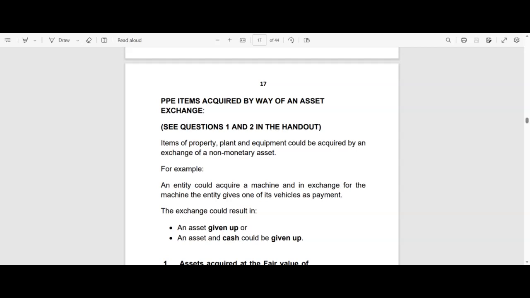A trade-in, by the way, is a typical example of an asset exchange. It is an obvious example of an asset exchange, one that we encounter every single day, hundreds, if not thousands of times. So there are basically 4 steps when we are going to record an asset exchange.